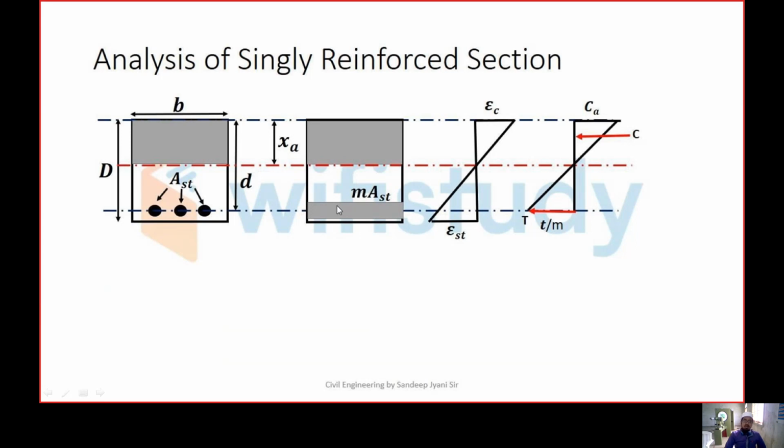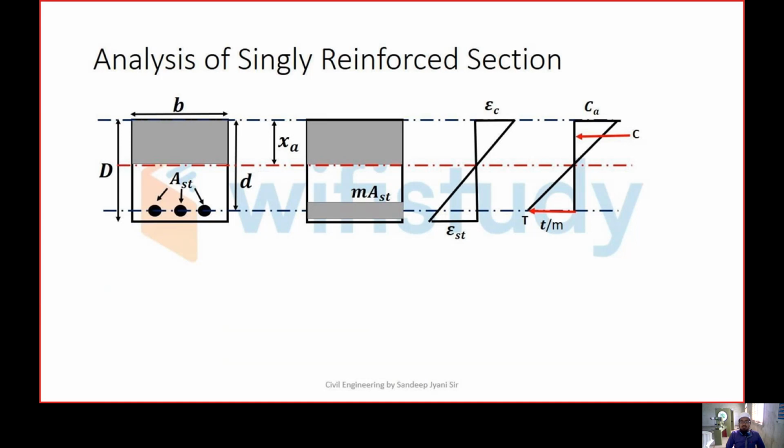Because we have to analyze it. We have to calculate the compressive and tensile forces. If steel is removed, what is the area that will be occupied by concrete in that portion? That is the thing we have to find out. So that's why we have removed steel here, and we have found the equivalent area of concrete using the formula AC is equal to M AST.